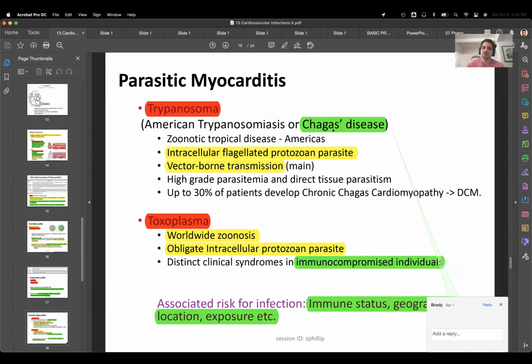Trypanosoma, Chagas disease. Remember, when I think trypanosoma, I think dilation. It causes dilated cardiomyopathy. In South American Chagas. Toxoplasma as well, immunocompromised. Isn't that the cat? I think that has to do with the cat feces, toxoplasma. Yeah, I think so.